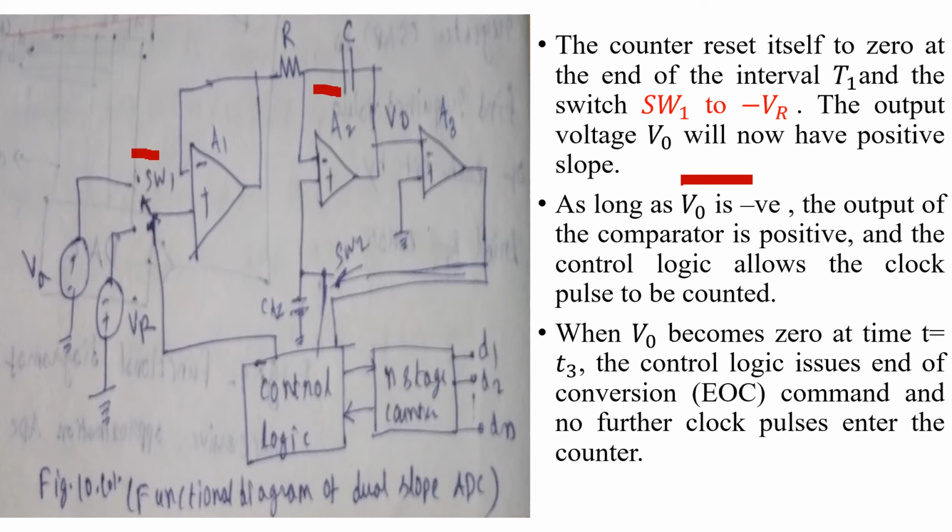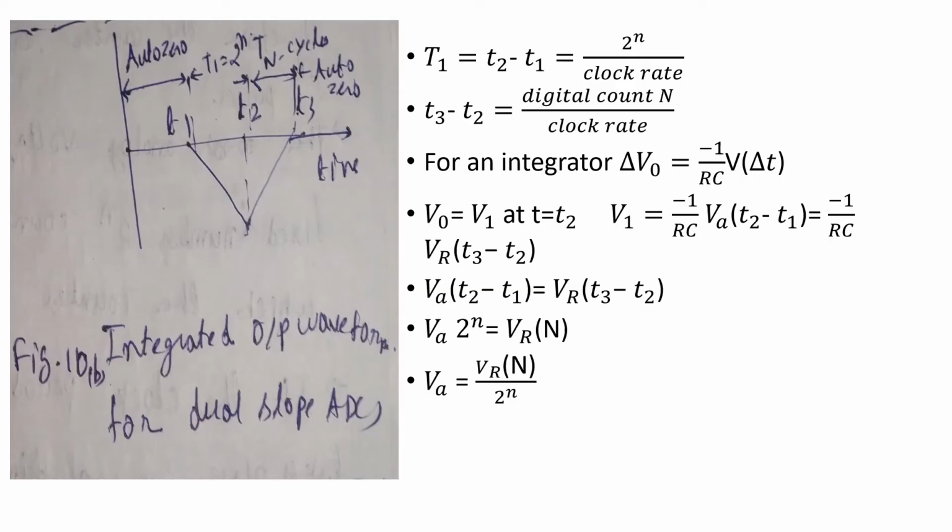When it reaches 0, SW1 is connected to VR. Now when V0 is 0, only then the counter stops. Now what is the value we get? That is the digital output, the end of conversion.